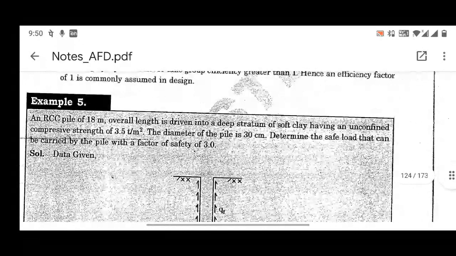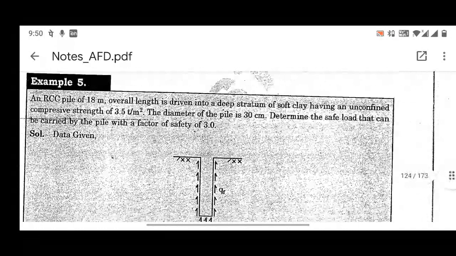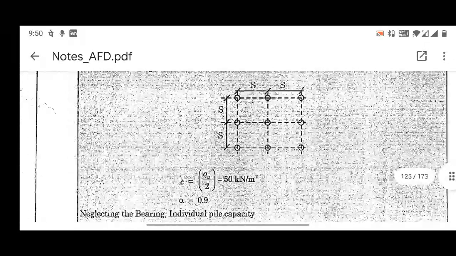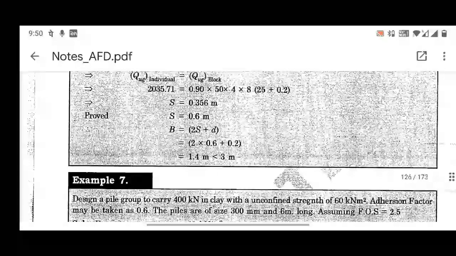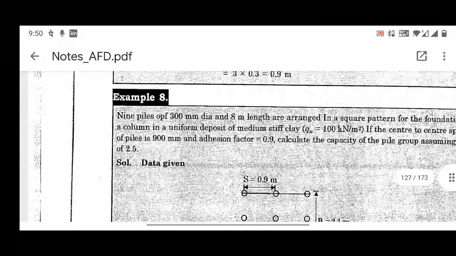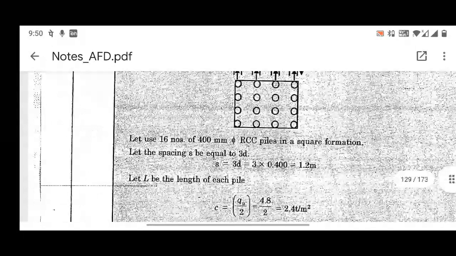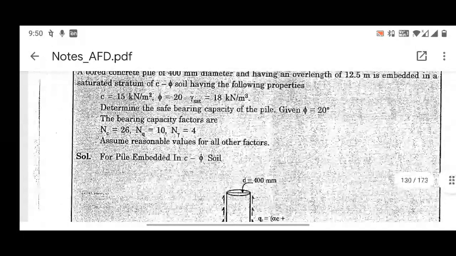Now, this is example problem 5, and I request you all to do it on your own. And if you have any problem in examples 5, 6, 7, 8, 9, 10, 11, 12, there are so many numericals in this case.